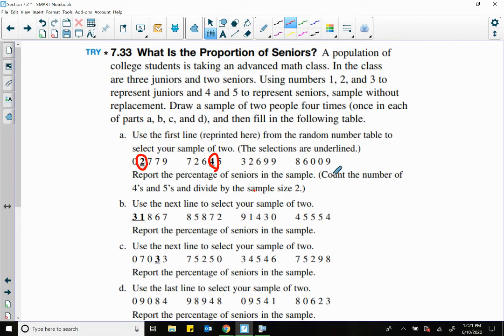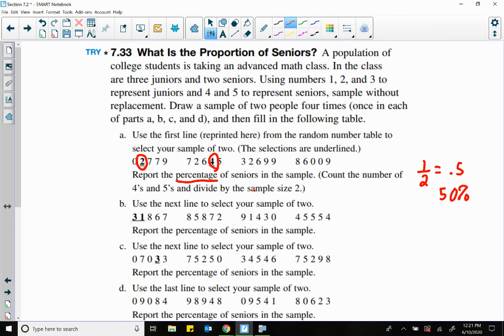In other words, count the number of 4s and 5s and divide by 2. So there's only 1 4. We're going to divide that by 2. So a half is 0.5, which as a percent is 50%.